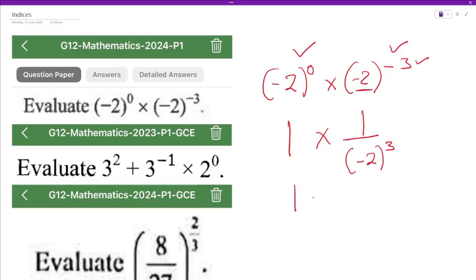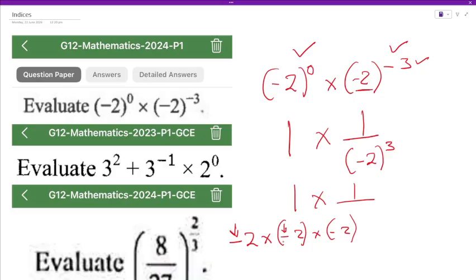So meaning it's going to be 1 times 1 over, what is negative 2 raised to the power of 3? Now please take note that this means negative 2 times negative 2 times negative 2. You see how strange that looks? Simply because we did not put brackets there. That is why brackets are important when you're dealing with negative numbers. So this simply means negative times this negative here, it gives you what?